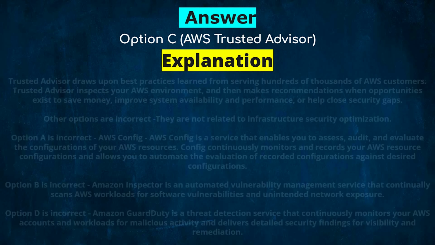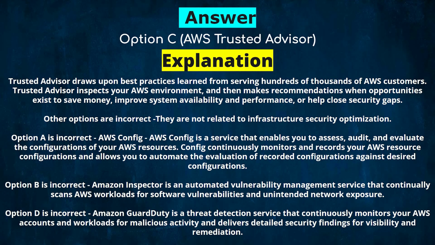Explanation. Trusted Advisor draws upon best practices learned from serving hundreds of thousands of AWS customers. Trusted Advisor inspects your AWS environment and then makes recommendations when opportunities exist to save money, improve system availability and performance, or help close security gaps. Other options are incorrect. They are not related to infrastructure security optimization.